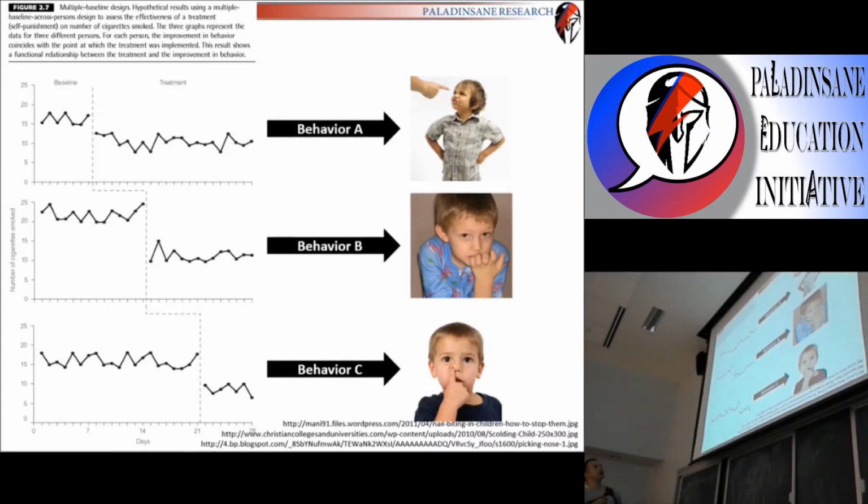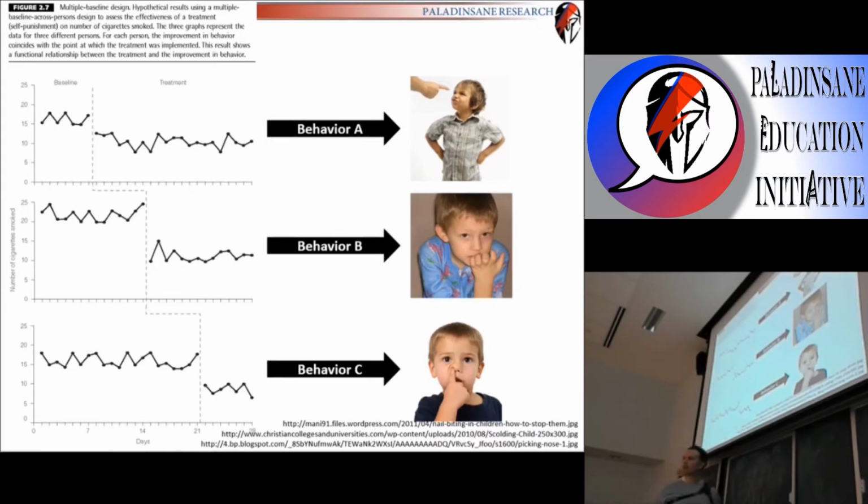And if the faces go down after the treatment for faces begins, but the nail biting stays high and the nose picking stays high, that's evidence that it's your treatment, it's not something else. Then you institute the treatment for the nail biting. And if it's only the nail biting that goes down at that time, remember, you're still treating the faces, but now you're treating the nail biting, but the nose picking remains high.